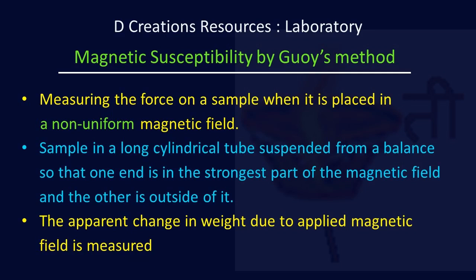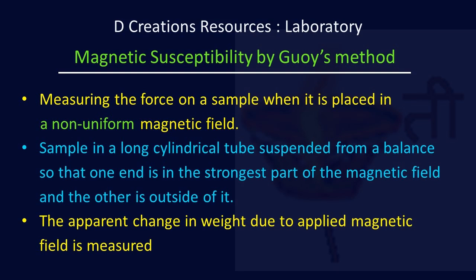We use an electromagnet in this experiment, and if a sample which is attracted by a magnetic field is to be tested, such a sample is going to appear heavier when placed between the poles of an electromagnet, while if it is a material which is repelled by the magnetic field, it is going to appear lighter.